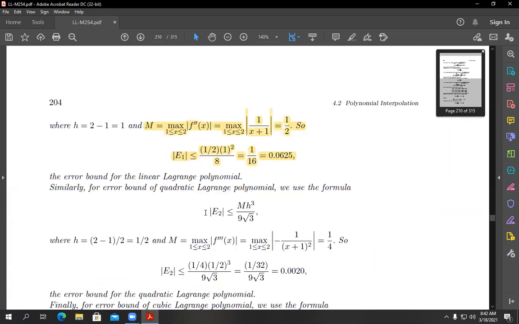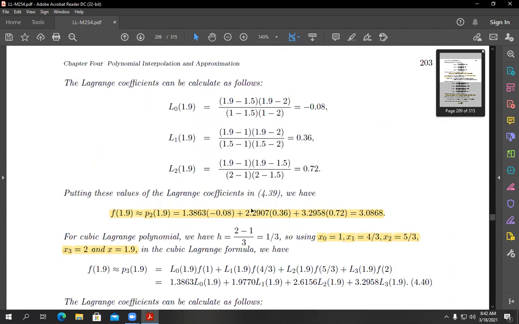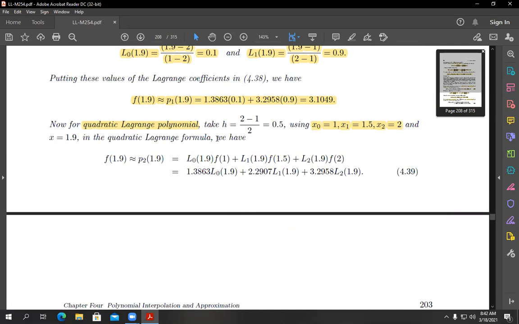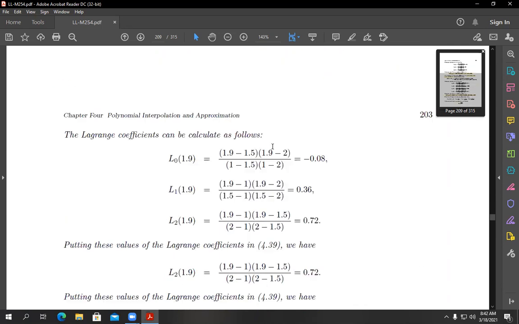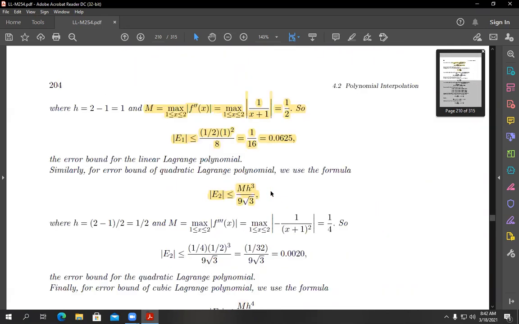And the same way you can find the error bound formula for degree 2. What is h in the case of degree 2? You already calculated it. It is 0.5. And then you put here 0.5, which is half, to the power 3. M you have to calculate. And what is M? It is the maximum value of the third derivative inside the interval.